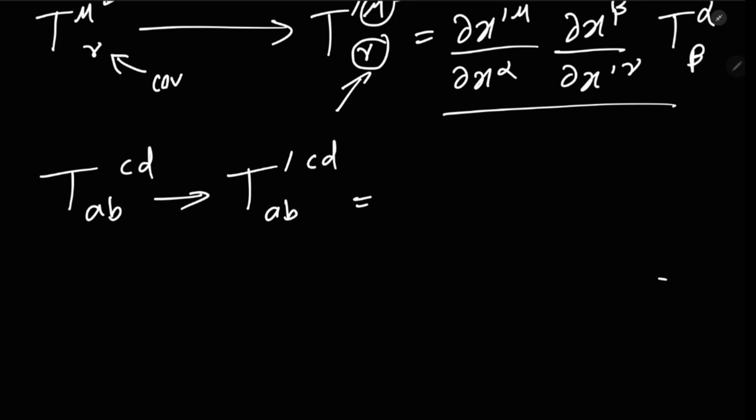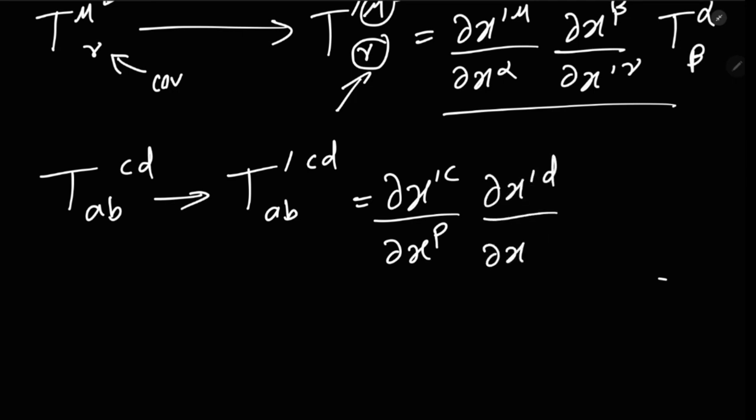This should now be equal to, let's transform the C and D first, contravariant factors, del x prime C upon, let's use P, del x P, into del x prime D upon del x Q. See, the primes are coming in the numerator for contravariant transformation.